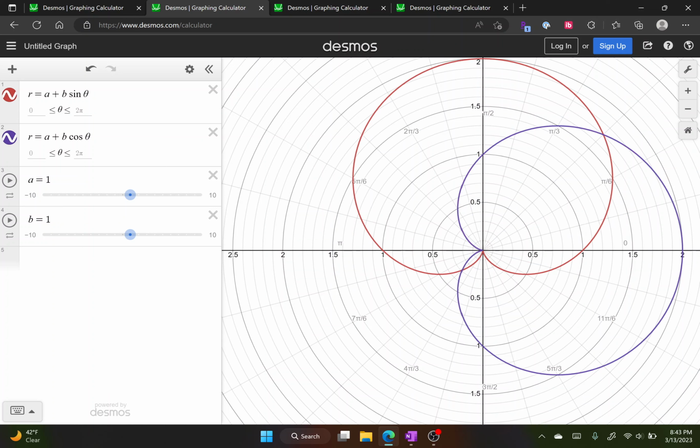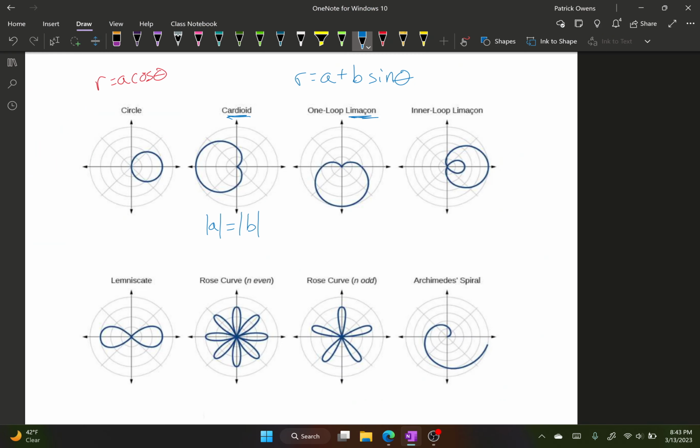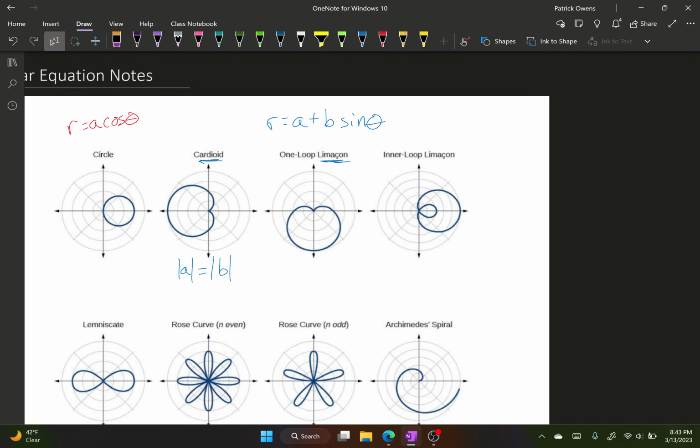Now, the reason this works out like this is, say we look at that same equation where r equals 1 plus 1 cosine of theta. Look at your values when theta is equal to 0 and pi. When theta is equal to 0, we have r is equal to 1 plus cosine of 0.